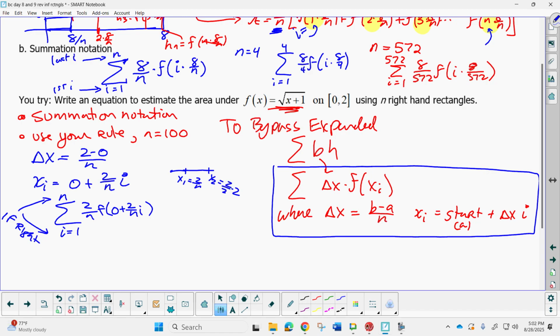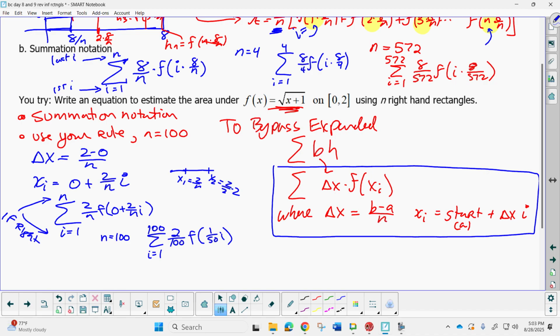F at 2 over n, f at 4 over n, f at 6 over n, drawing a rectangle up at each of those marks. Now, if I said n equals 100 to check my work, I would be plugging in 100 for each n. And I get 2 over 100, yes, 1 over 50, f of 1 over 50 i.